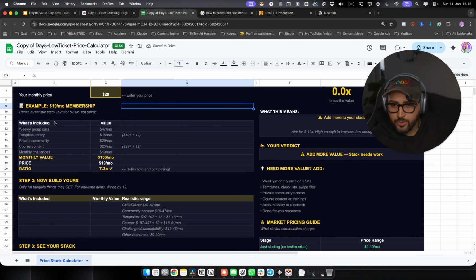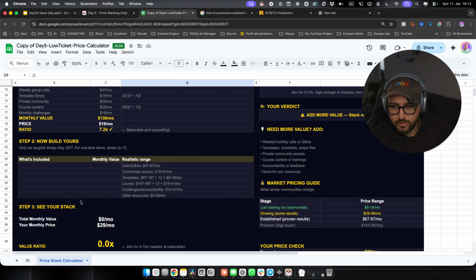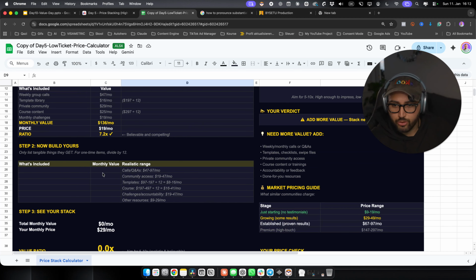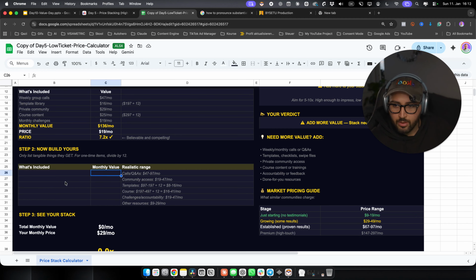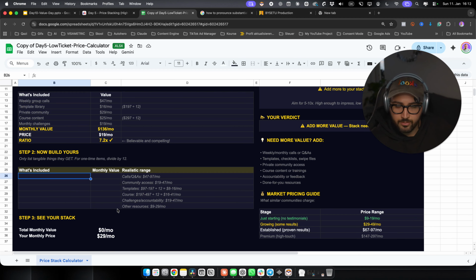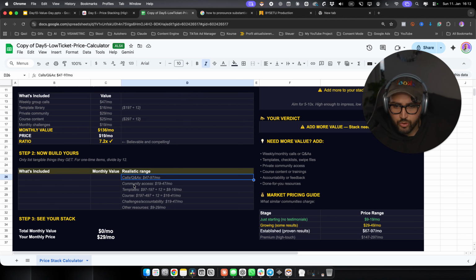And here is something for you to understand how this part actually works. Let's say, what's included. We can go back to our Sarah's example, or let's say, hey, if we have some calls, Q&As, here are some realistic ranges. You can change these, or you can get inspired by what we have here.